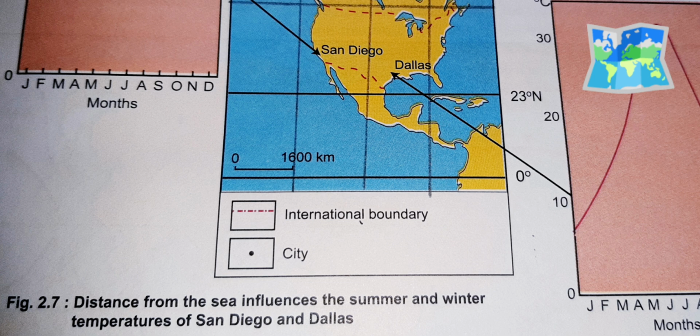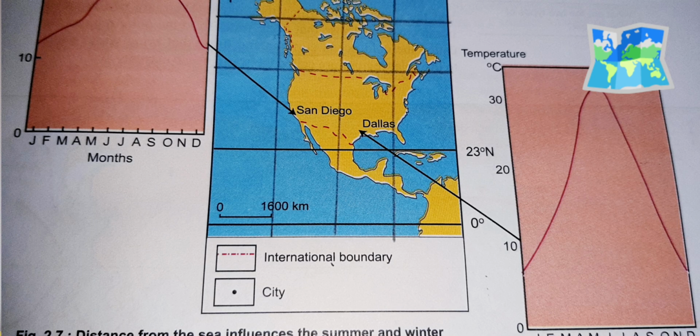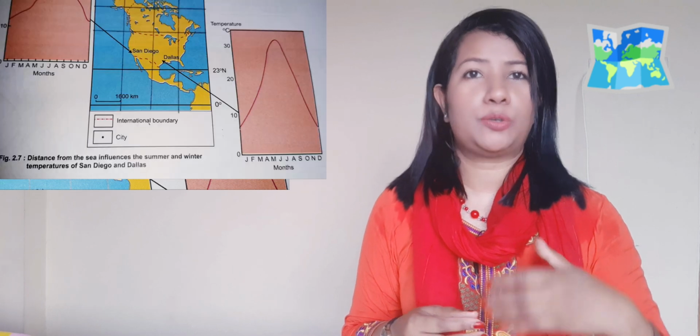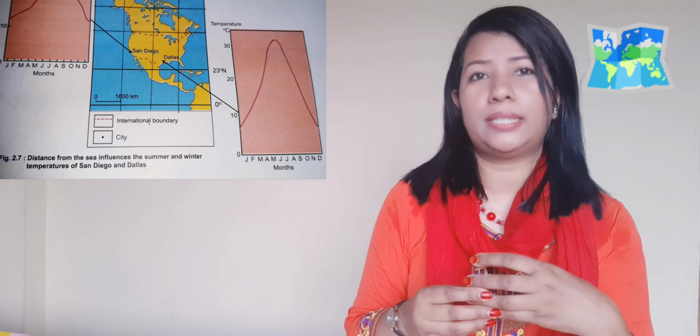And now I'm going to talk about distance from the sea, and how the sea influences the temperature of coastal areas. The distance of a place from the sea has an effect on its temperature, because water heats and cools more slowly than land.